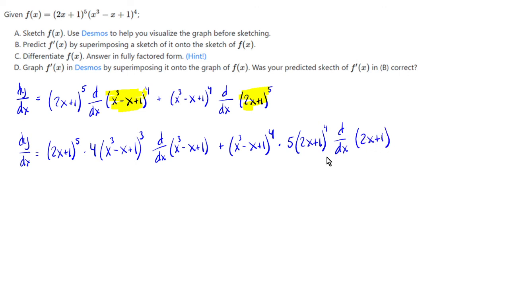Okay, so let's complete this by finishing up these derivatives. So the derivative of the following function is simply going to be, in brackets, 3x squared, that's the power law, minus 1.